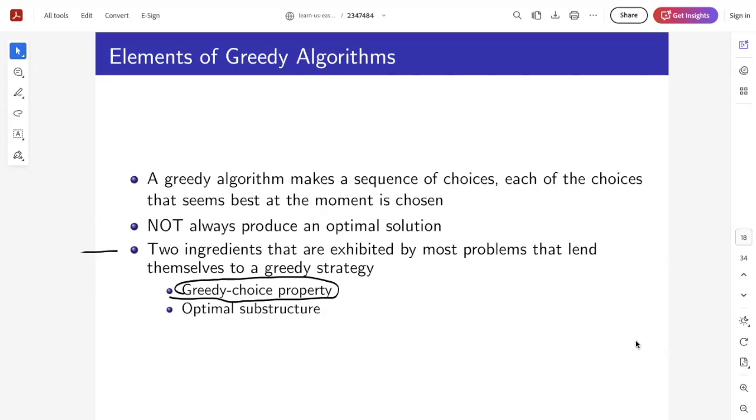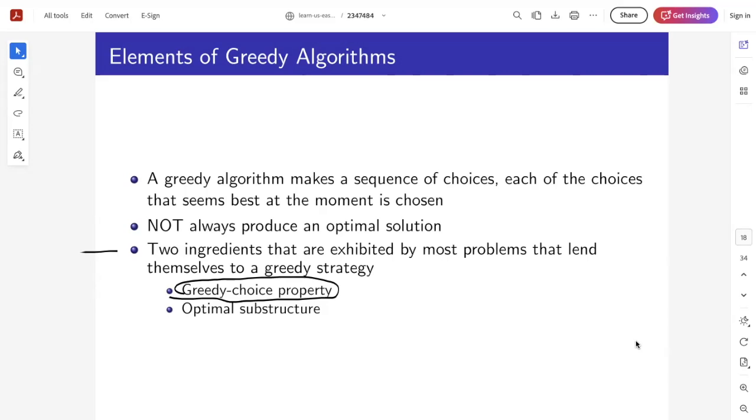In other words, you start with any optimal solution you are given, then we can always replace one activity with the one selected by the greedy choice. You still have a feasible solution, and because the one you are given is already optimal, the new one is also optimal.